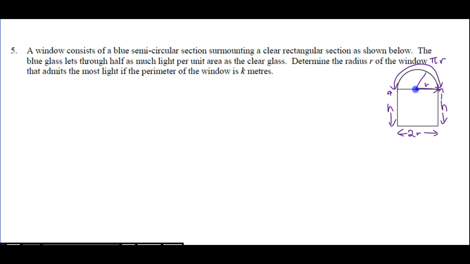Okay, so that means that we can get an expression for perimeter. And the perimeter of the window is K meters. All right, so what are we going to say? Let's start off by saying that P and K are constants.